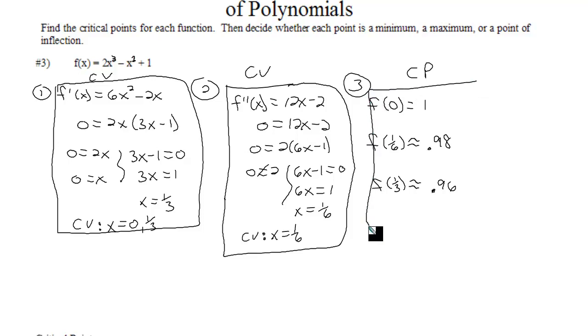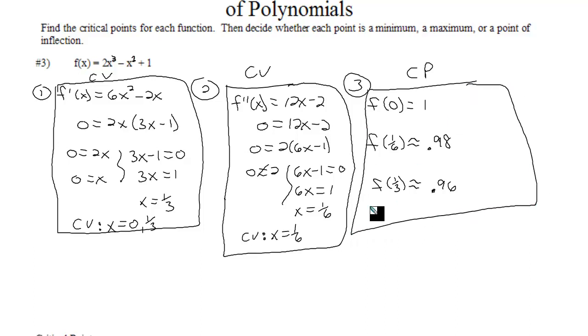So we got 3 critical points: 0, 1; 1/6, 0.98; and 1/3, 0.96. We need to decide for each of these critical points if it's a minimum, maximum, or inflection point.